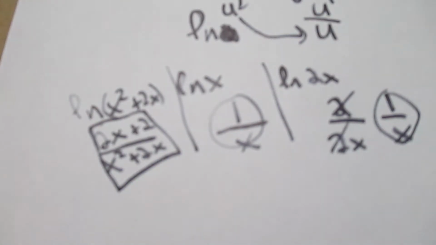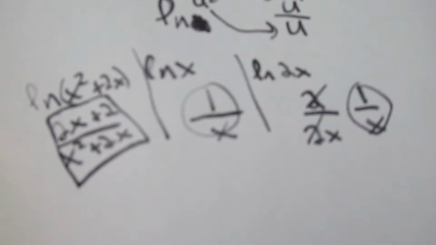Follow the same rule no matter what it is. So u prime is, using power rule, 2x plus 2, divided by just the u. And that's what you get. 2x plus 2 divided by x squared plus 2x, and that doesn't really condense to anything else, so that is your answer. Natural log's pretty simple, but the next one is actually almost simpler.